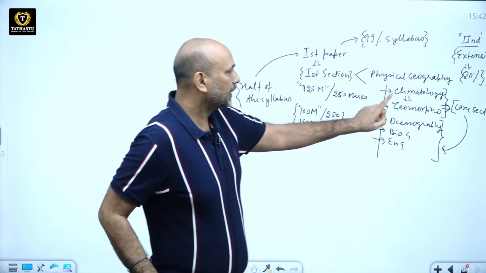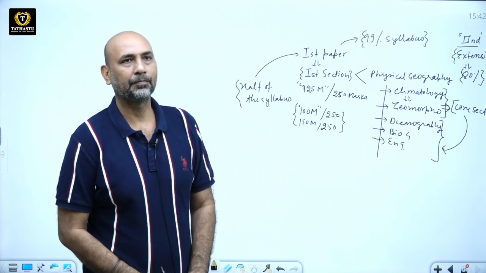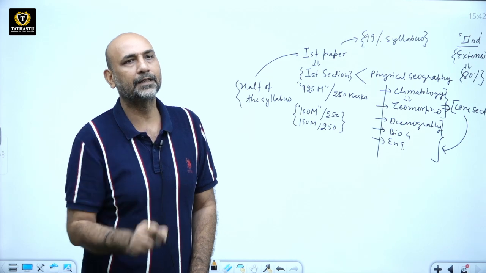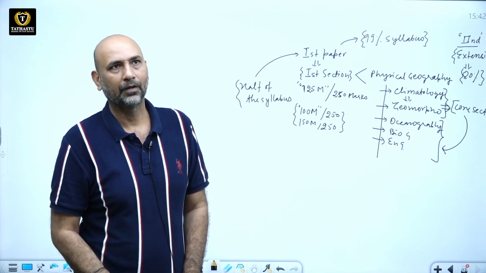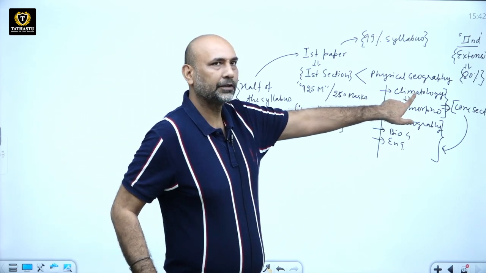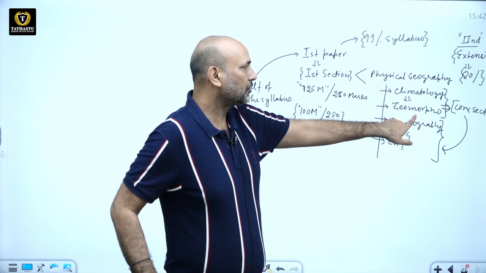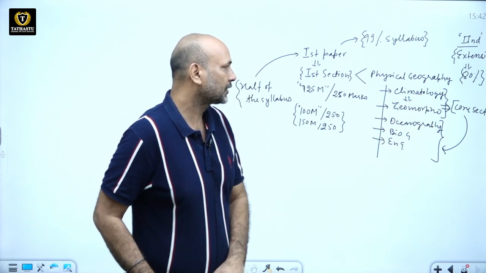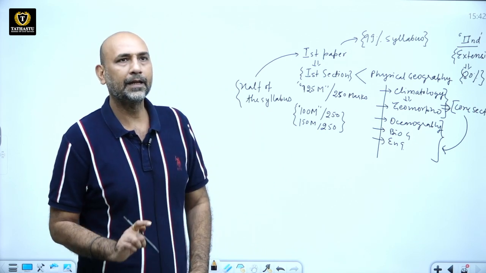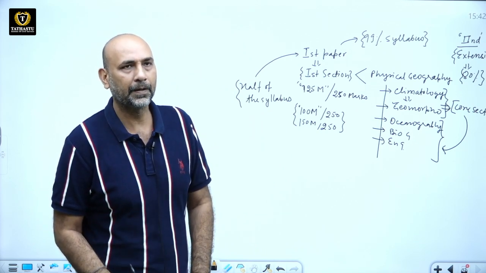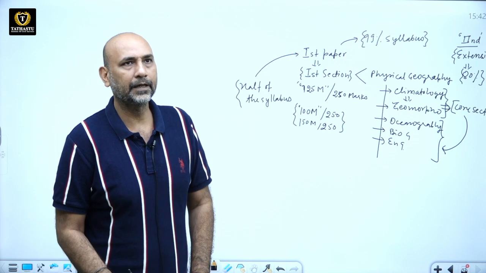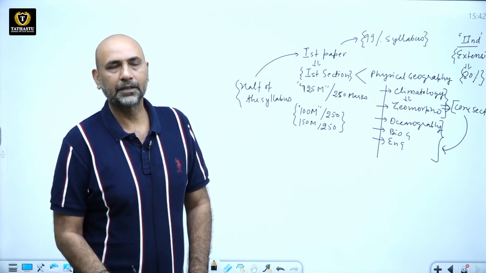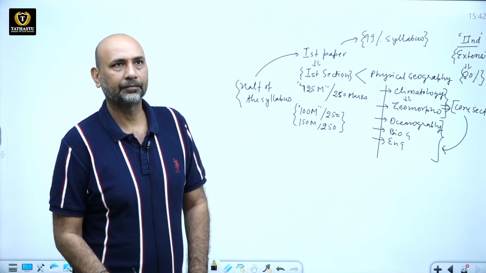So if we start with geomorphology without understanding climatology, understanding the landscape is going to be very difficult. So I am starting with climatology, then I will go to geomorphology, and then we will cover the rest of the three sections, oceanography, biogeography and environmental geography, which depend on our understanding of climatology and geomorphology. This is how we are going to prepare.